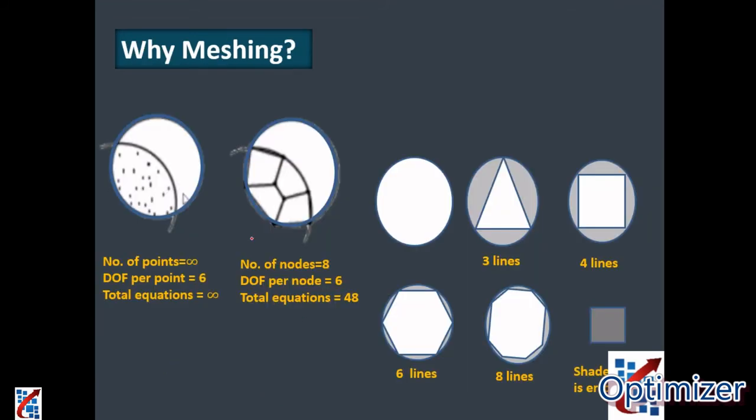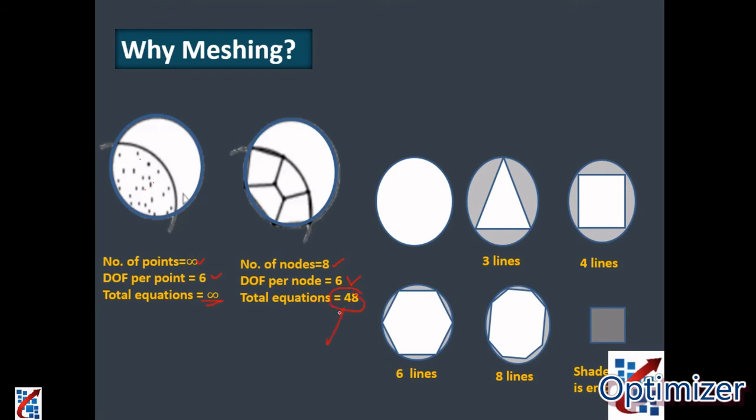Why is meshing required? Here the number of points is infinity, so if you consider 6 degrees of freedom, the total number of equations is infinity. It is impossible to solve that. But if you divide this region into small parts, the number of points is 8, degrees of freedom are 6, so you get 48 equations, correct?